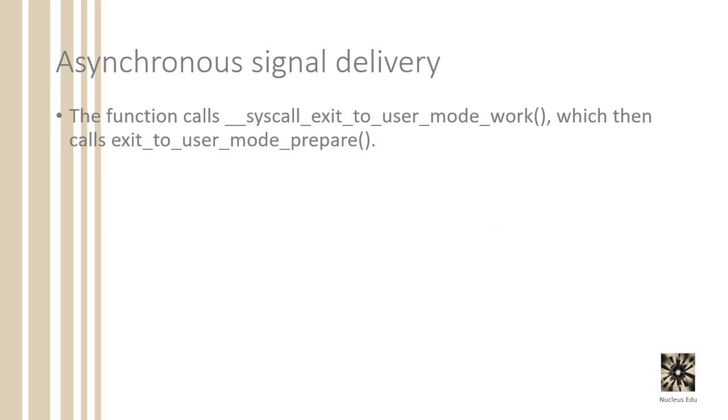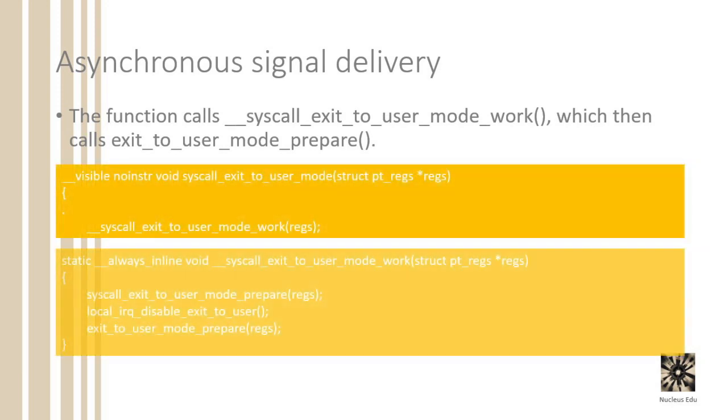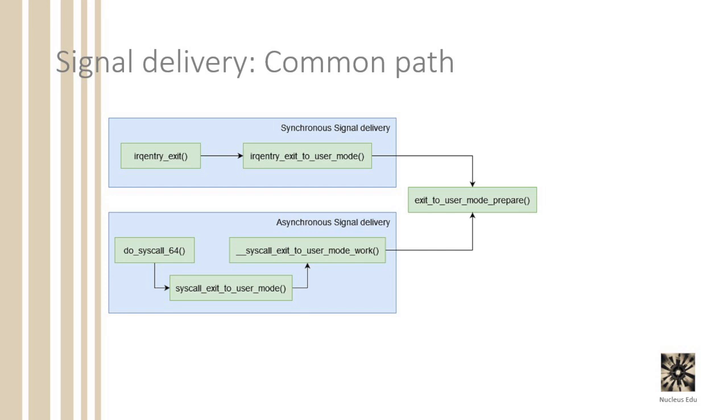So you see that the function was calling __syscall_exit_to_user_mode_work in the end, which then calls this exit_to_user_mode_prepare. Right, and if you recall, this was the place where we stopped previously, so signal delivery for both synchronous and asynchronous is basically coming to the same function called exit_to_user_mode_prepare.